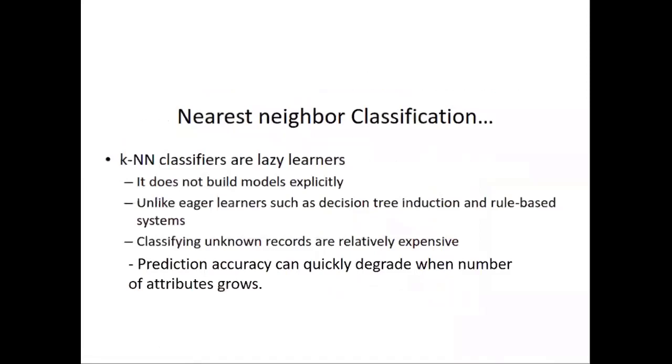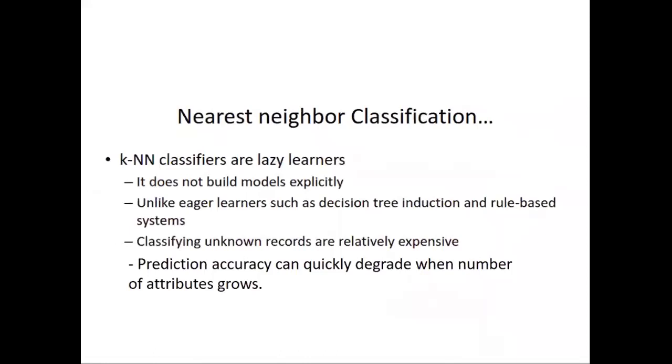And KNN classifiers, we also call them lazy learners. In machine learning, once you do the training phase, it will build the model. But in case of KNN, there is no such thing as a model. We are not going to build any models. It will store all the examples as it is in the memory.